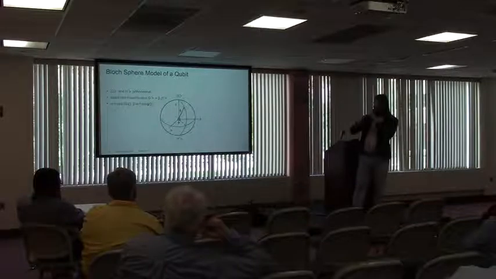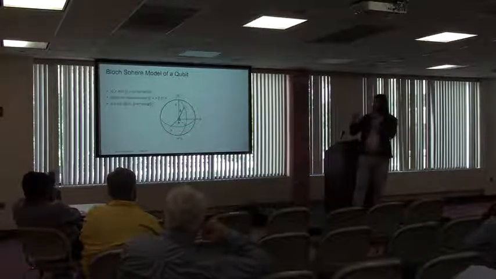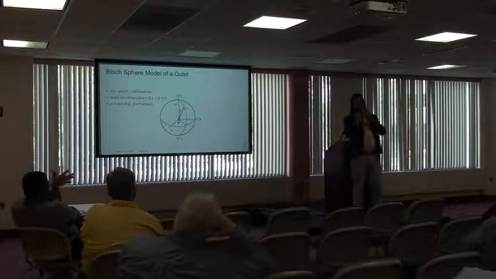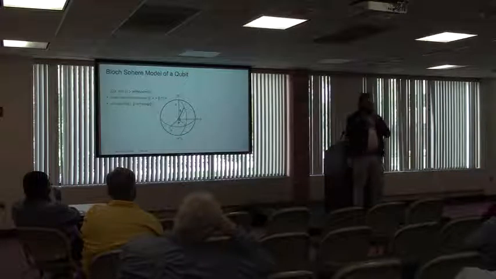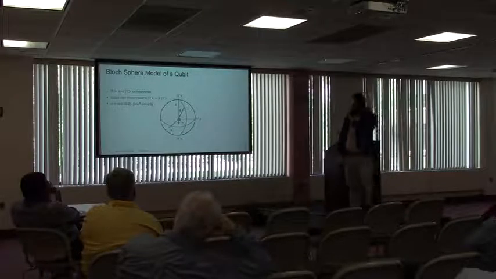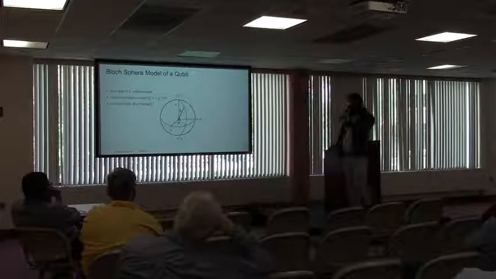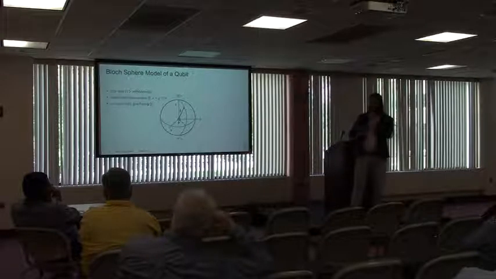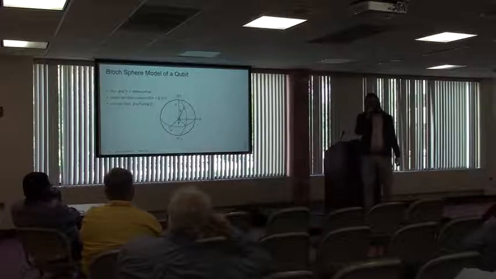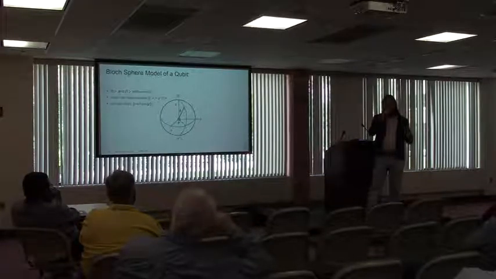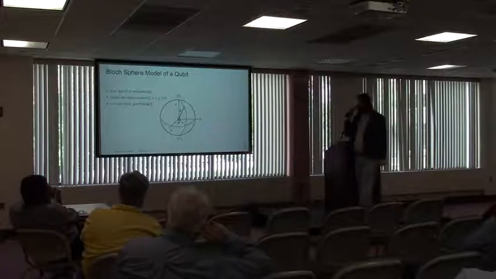Now there's an arrow that can point anywhere in that sphere, and so basically you are going to have two angles defining where that arrow can point, and we are going to assume that the arrow has to touch the surface of the sphere as well.